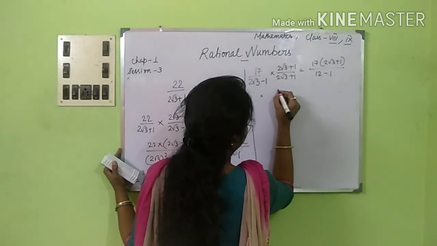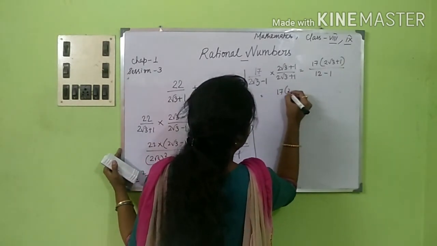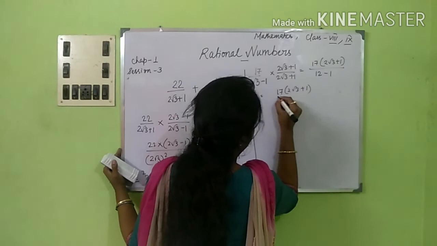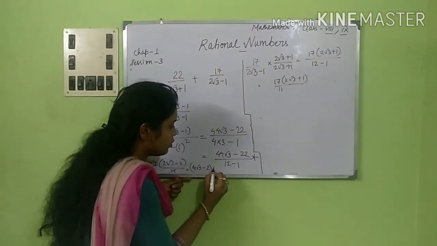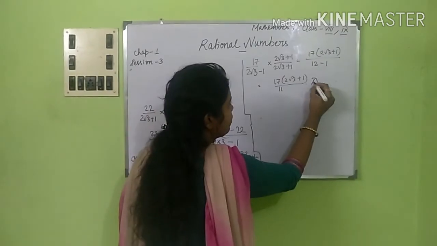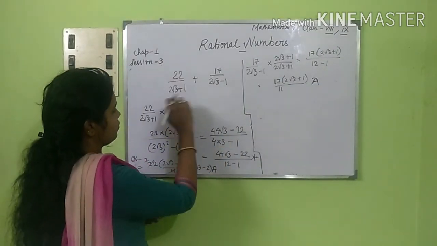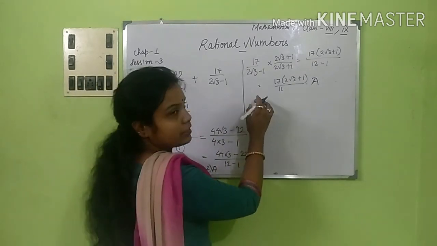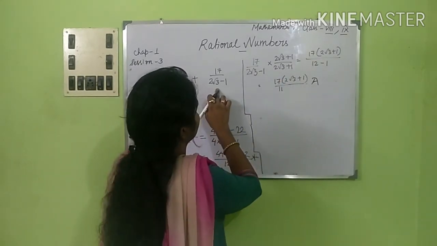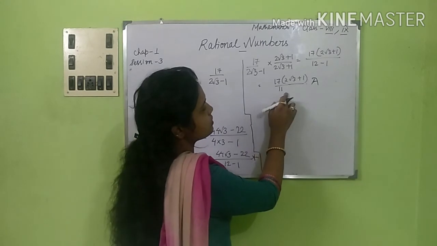So we are having 17 into 2 root 3 plus 1 by 11. Now the two results that you have got: the answer of the first is 4 root 3 minus 2, and the answer of the second part, 17 by 2 root 3 minus 1, is this.